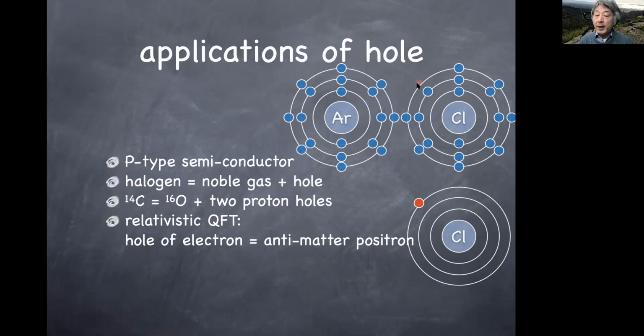When you take 1 electron away, so that the outermost shell, the 3p shell, is not fully occupied but is missing 1 particle, that's the case of the chlorine atom, one of the halogen atoms.